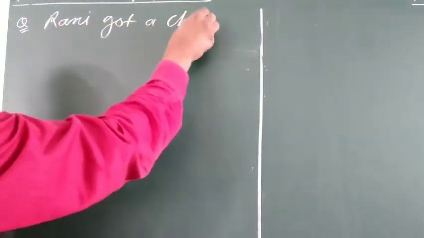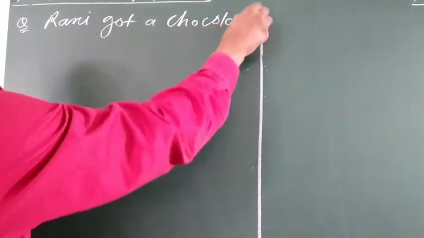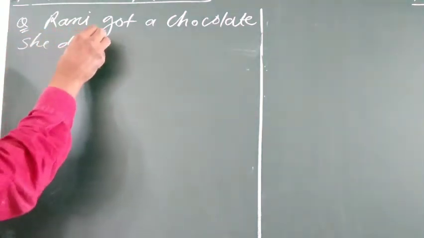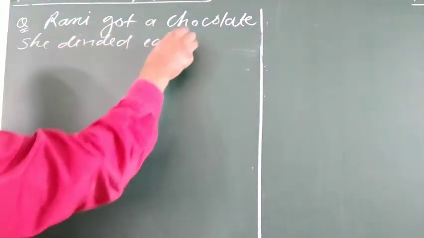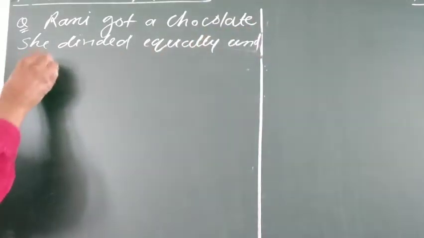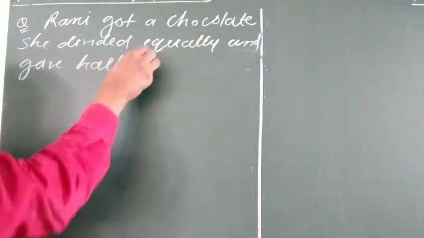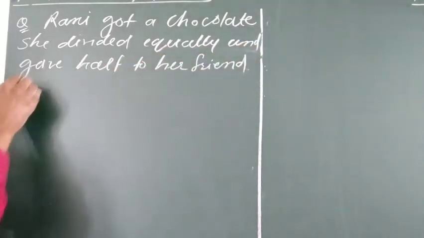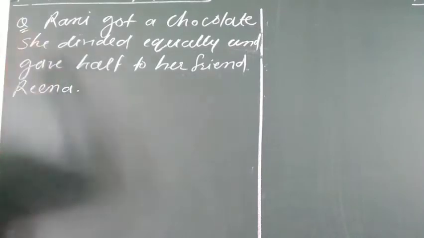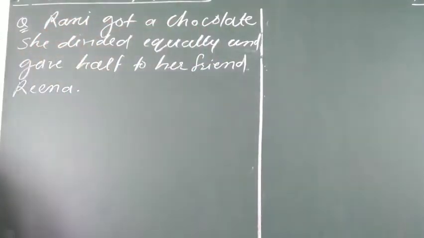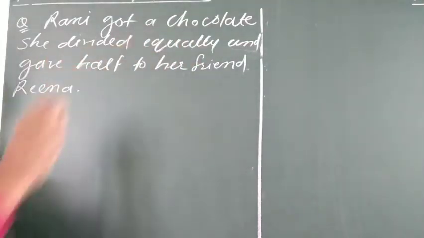Rani got a chocolate and she divided it equally and gave half to her friend Reena. Now this is the information about our question. So what is this question? Rani got a chocolate, she divided it equally and gave half to her friend Reena.